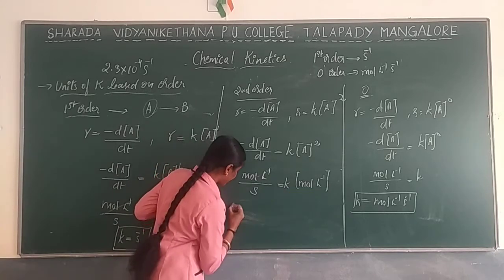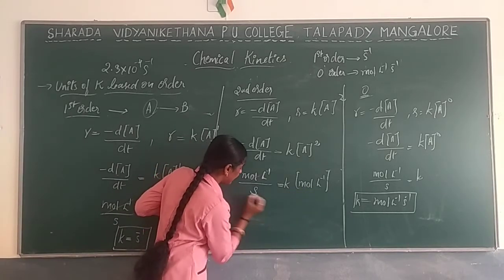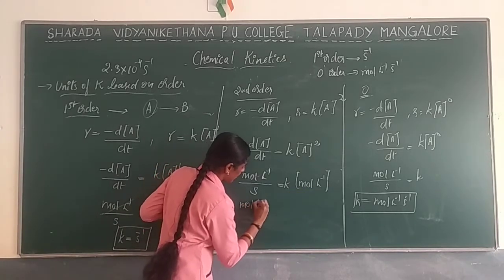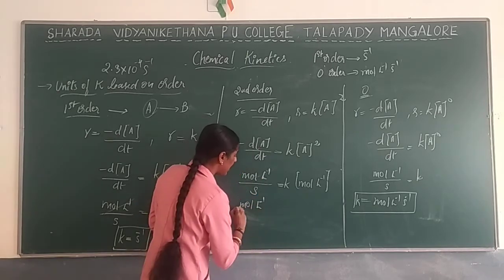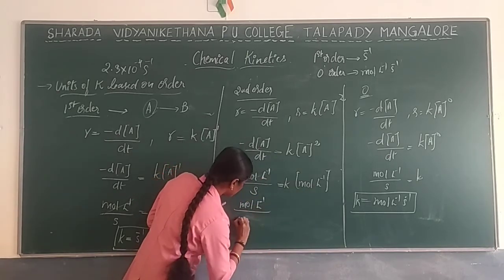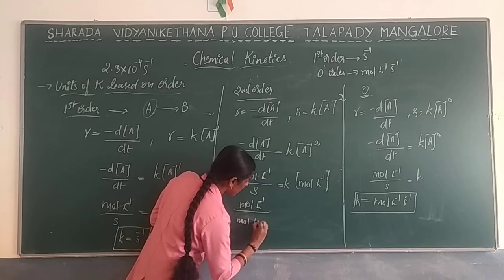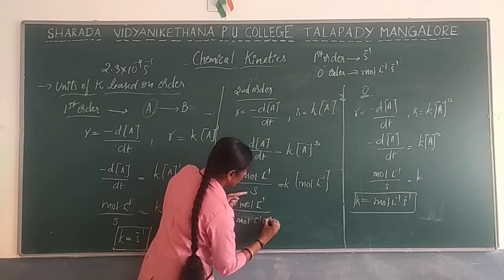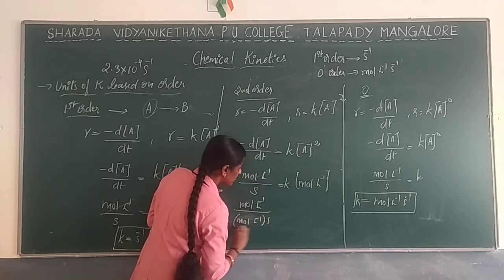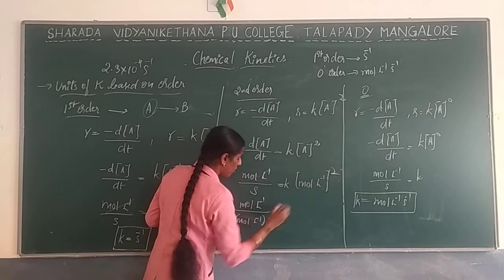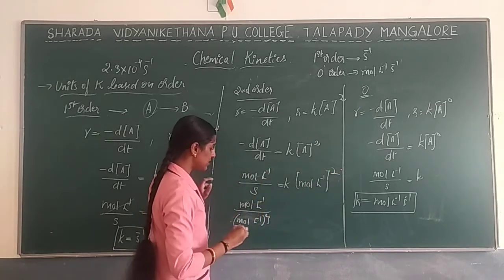If you take this form down, this is how it comes. Mole per liter divided by, taking this form down, it comes as mole per liter, this second, as it is. Here it is there with the square form, so just write it as square form.